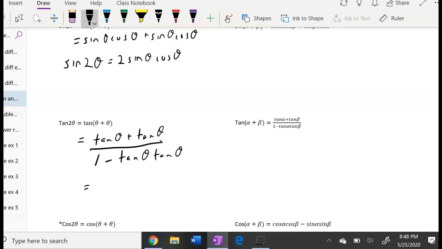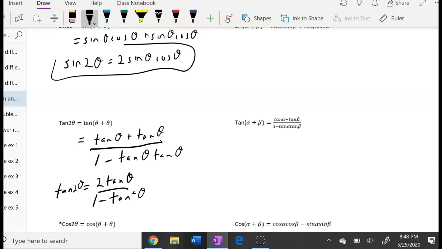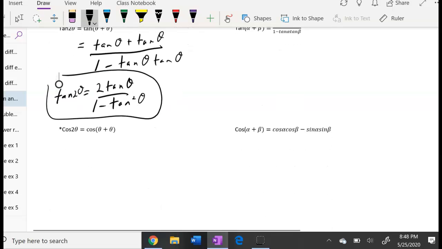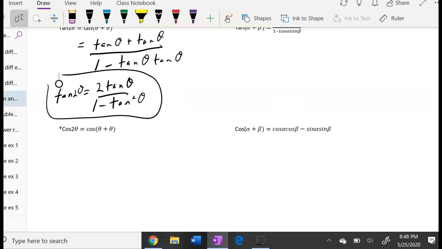So that's just 2 tangent of theta over 1 minus tangent squared of theta. And there's the tangent of 2 theta. Here's the sine of 2 theta. So we've got 2 identities here so far. Now let's do the same thing with the cosine and see what happens.